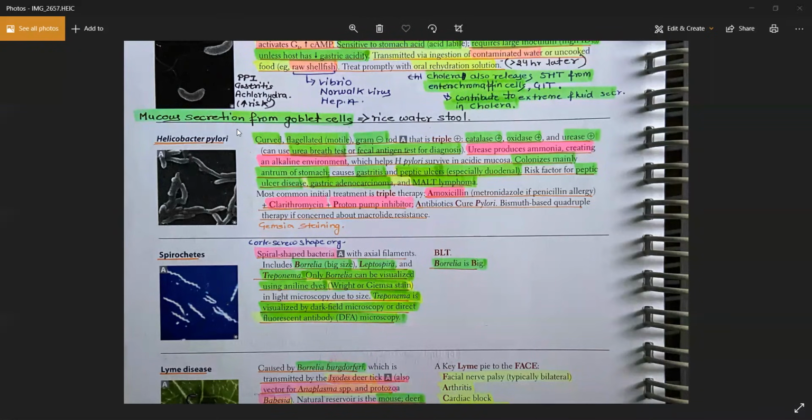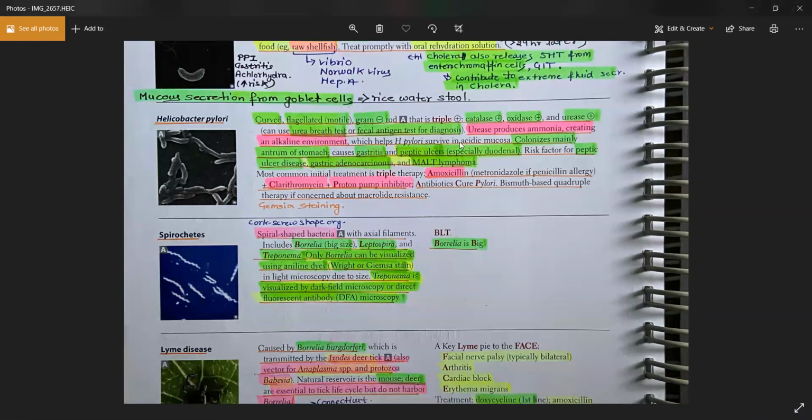Remember the gastrinoma? It causes ulcers in the distal part of the duodenum or the jejunum. But in the proximal part of the duodenum, it would be H. pylori infection, and you will take the biopsy in the antrum of the stomach. We will discuss the details of this disease later in the GI section. Just know these facts for now.